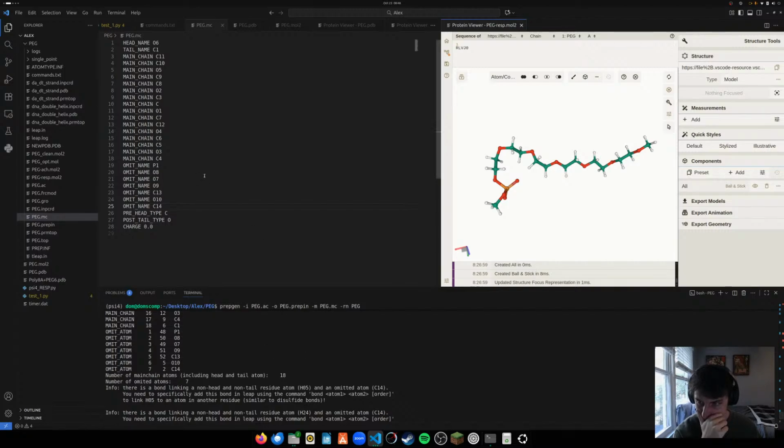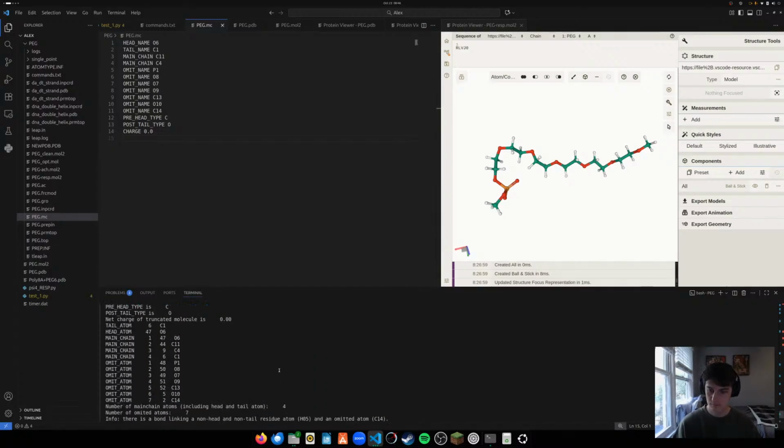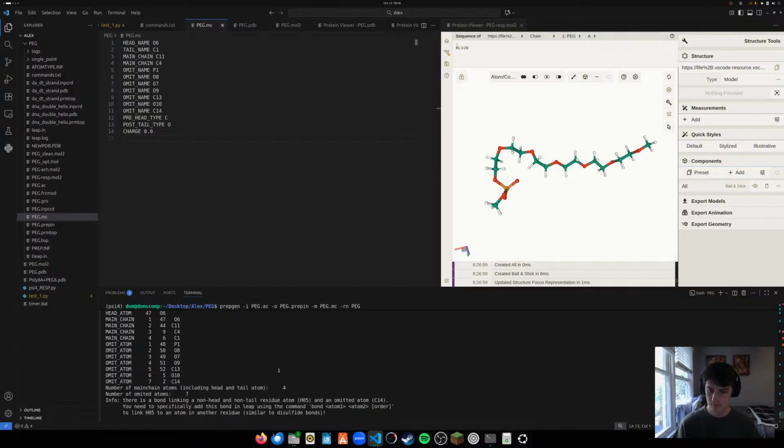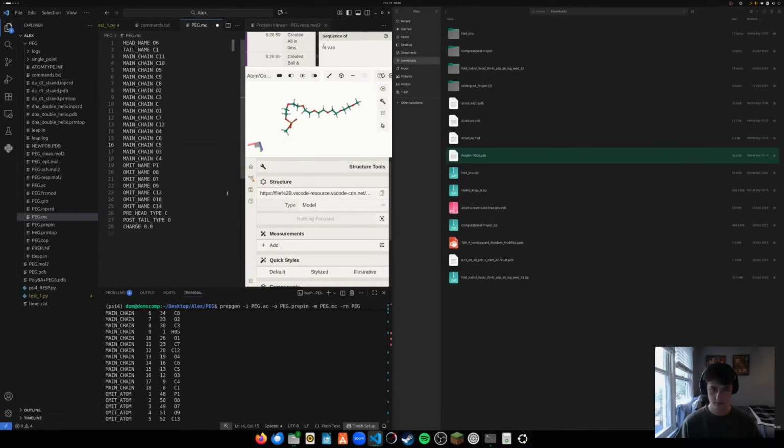Number main chain atoms 18. Let's delete this. It really matters what main chain atoms you include, apparently. Things get like weird.